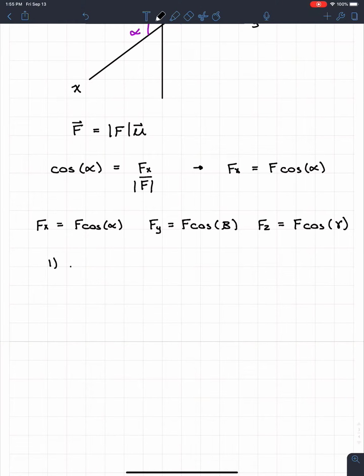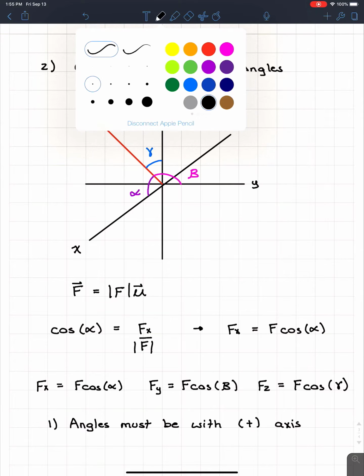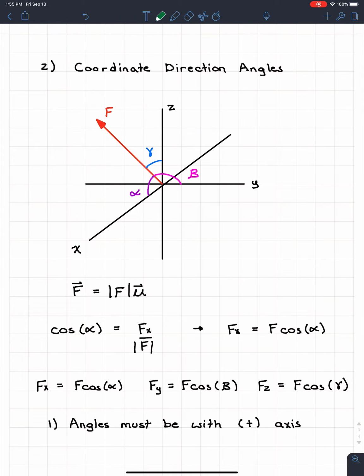So angles must be with the positive axis. If they give you an angle, and I'll do this in a different color here, I haven't used green. Let's go for the z-axis real quick.